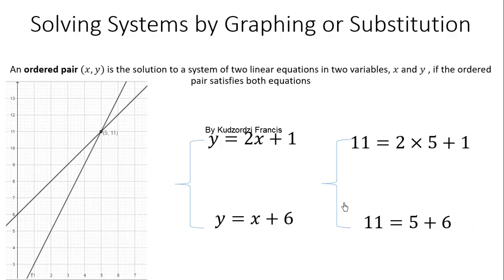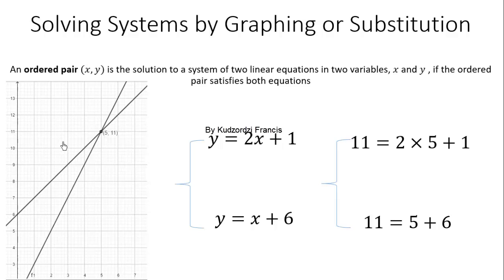So what we just did is just an instance or one case when we have two linear equations in two variables. This is just a case where the solution is unique. That is the straight line that represents the line y equals 2x plus 1, which is this line, and y equals x plus 6, which is this line.